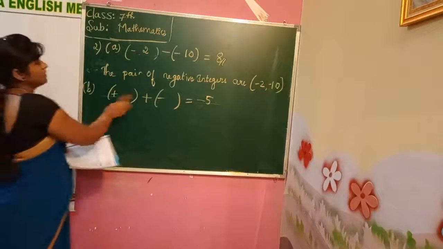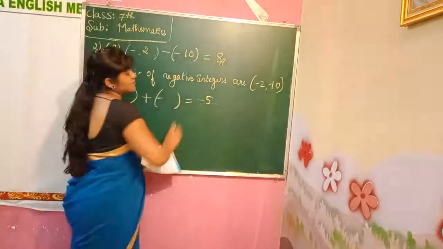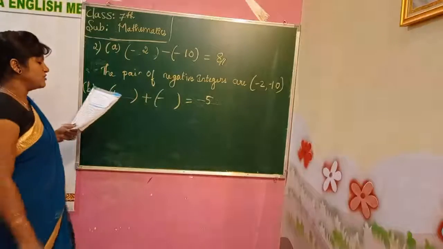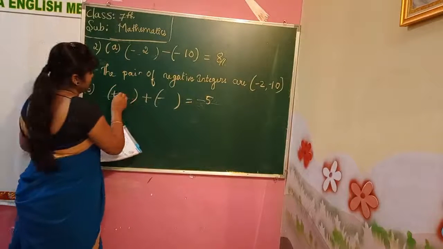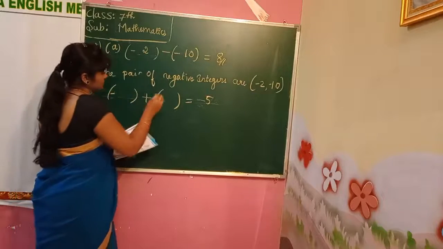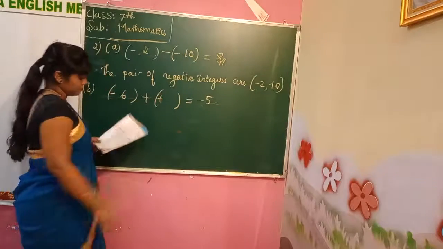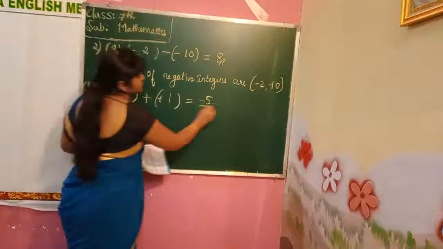One will be positive, one will be negative, but we have to do the addition and get minus 5. Then what are the values? Here I will take minus 6, here I will take plus 1. Minus 6 plus 1 is minus 5.